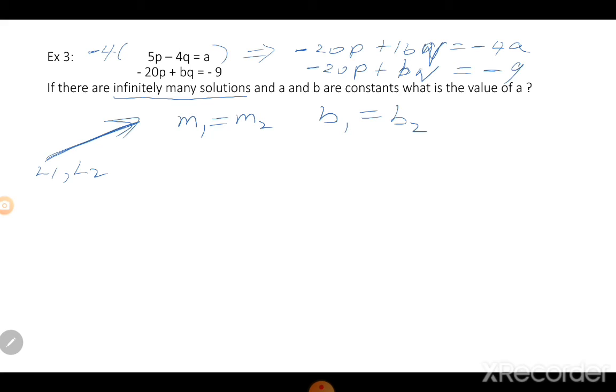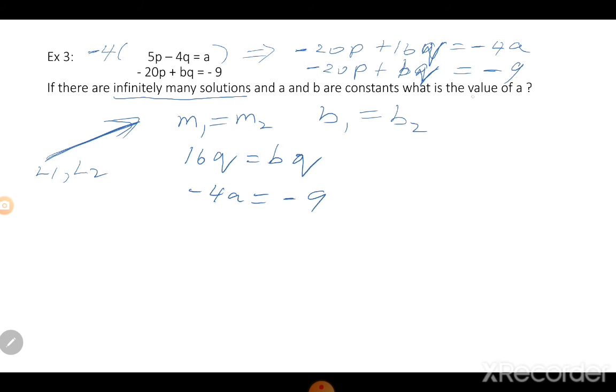So we have all the p's lined up, right? So this is what we expect to happen, right? The p's are the same size. So this means that because everything is equal here, 16q is equal to bq, and minus 4a is equal to minus 9.